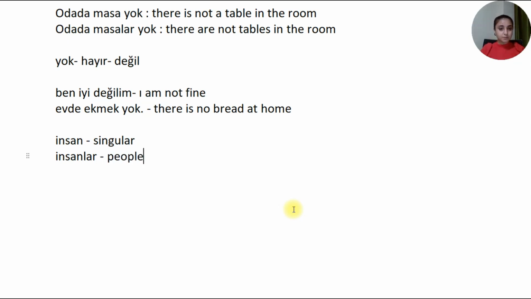Because in Turkish, we don't have plural word for people. We have just human or person. İnsan is okay as singular. İnsanlar will be people. And let's say resimde insanlar var. Okay, there are people in the picture.